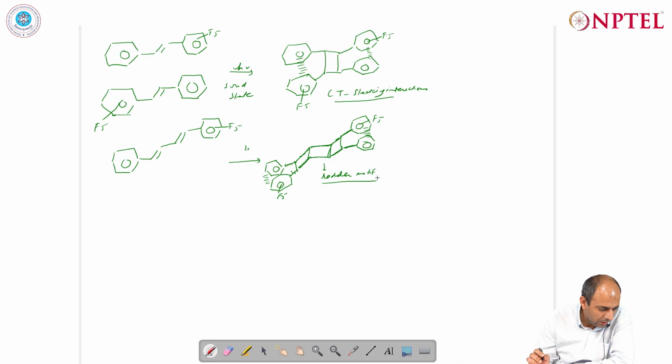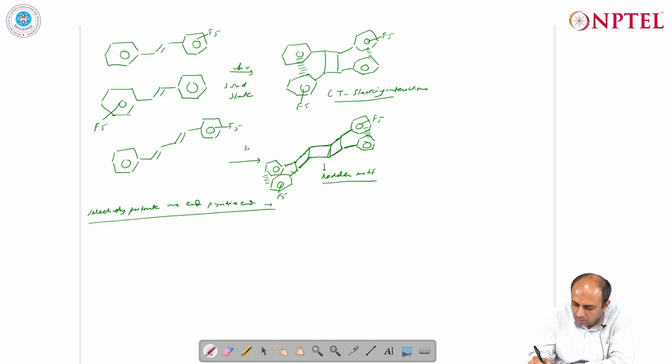Similarly, it has been observed that we can also selectively protonate one end, that is the pyridine end, to achieve dimerization of olefins.